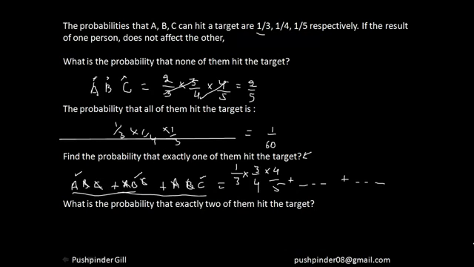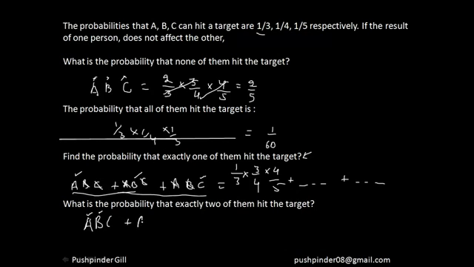Now what is the probability that exactly 2 of them hit the target? Now you must be thinking, all right, so let's go ahead and do that. So exactly 2 of them hit the target. So how are you going to do that? So A hits the target, B hits the target, C doesn't, right?